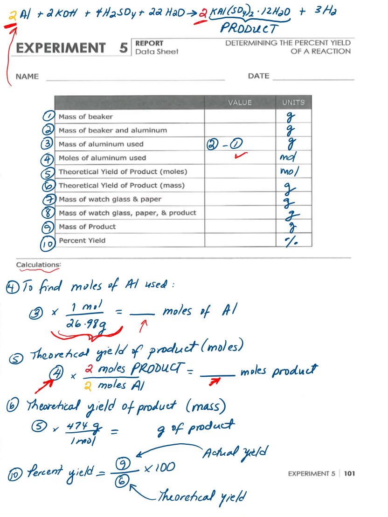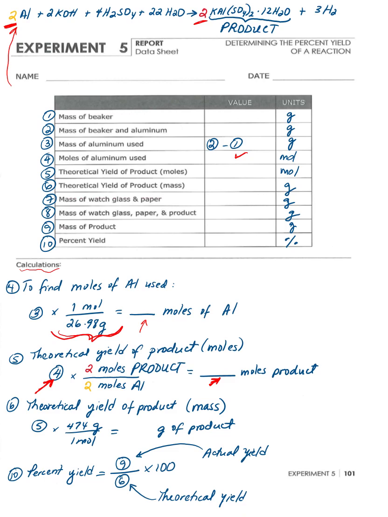Now number 6 is what amount of product you can get. Again, the same thing, amount of product, but in a different unit. In number 5, you're finding the amount of product that you can get with your initial amount of aluminum, but that's in moles. And now in number 6, you're finding the amount of product that you can get with your initial amount of aluminum, but in grams. So to find out grams, when you have moles of a substance and you want to find grams of the same substance, we're using the molar mass of that substance.